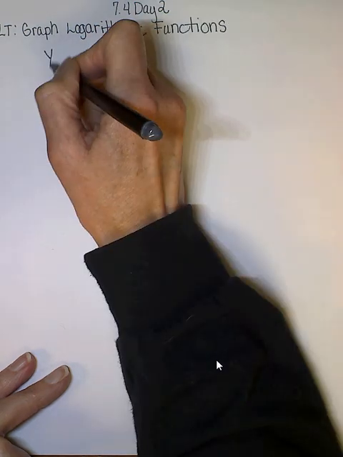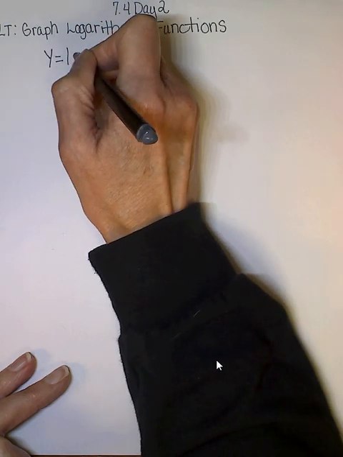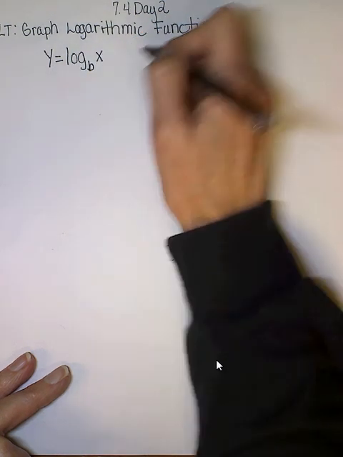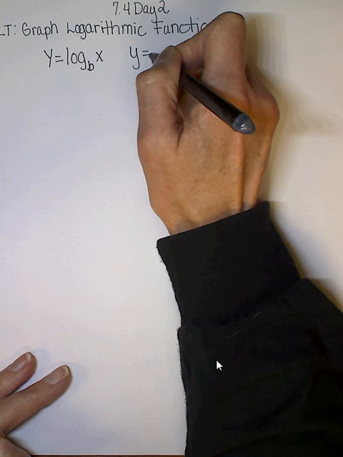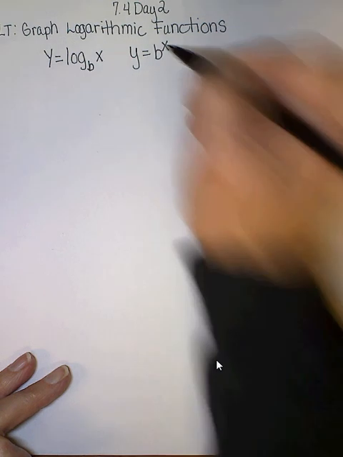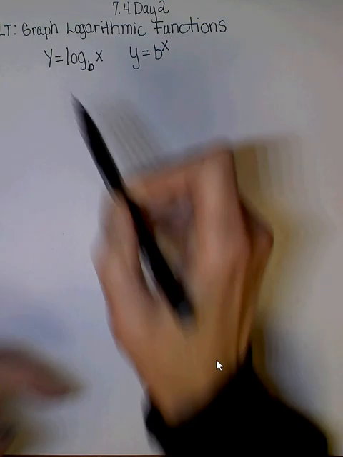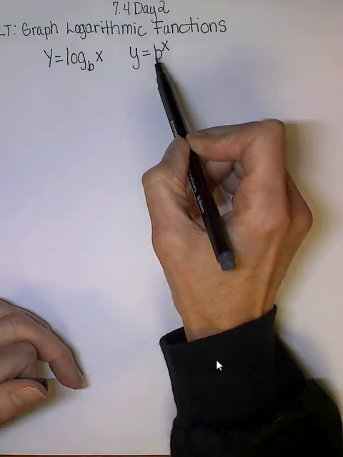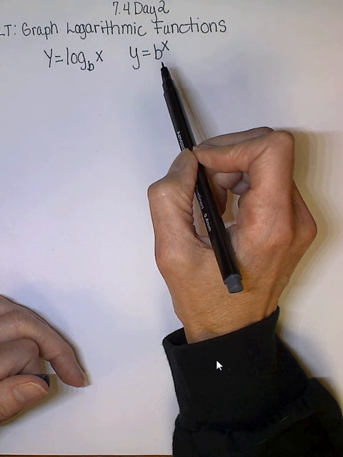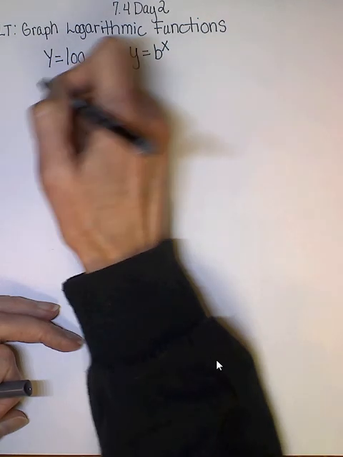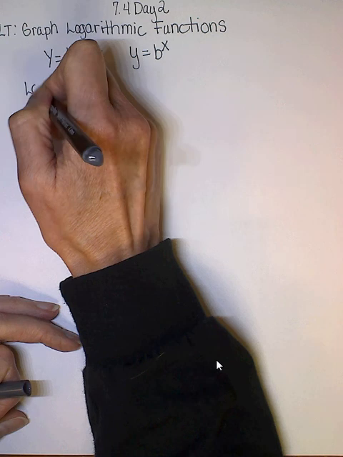Let's go back to our definition just for a second. Alright, remember that I told you that logarithm functions and exponential functions are inverses of each other. So this is going to be the key part of this. So let's write that down to help us remember.